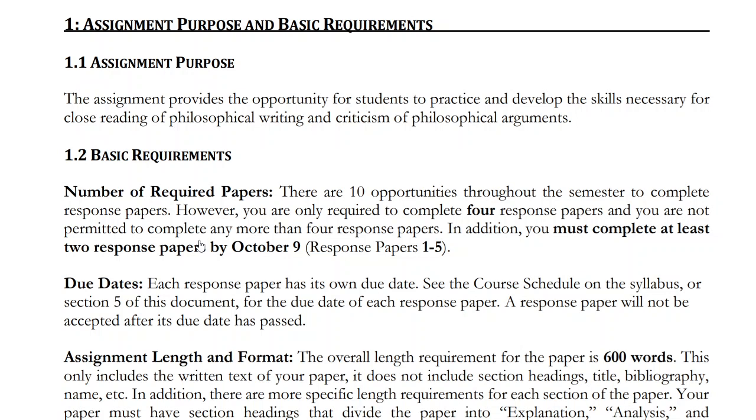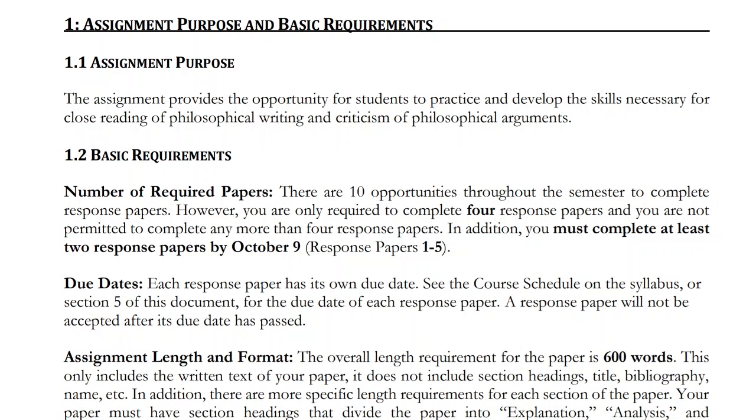The second thing is that let's go over some of the basic requirements for the assignment. It says here that there are 10 opportunities to complete the response papers throughout the semester. There are a couple of ways to see this, including when the due dates are for each paper.